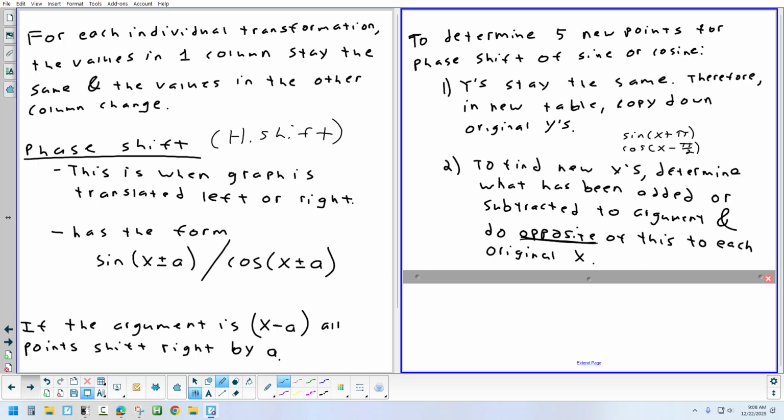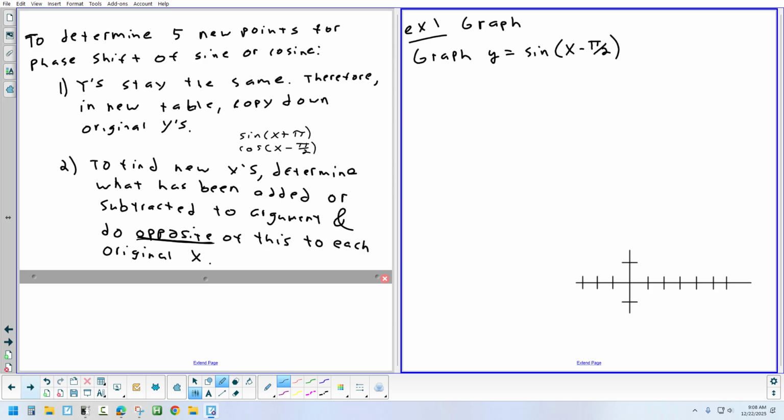Okay, so let's try a couple of shifts. You'll notice that when you shift, you generally don't shift by just random numbers. Most of the time, sine and cosine are shifted by either pi, pi over 2, or pi over 4. You can shift by anything, but those are the common ones.